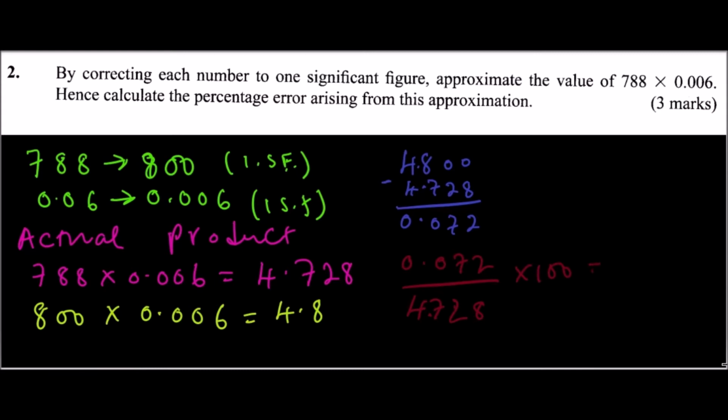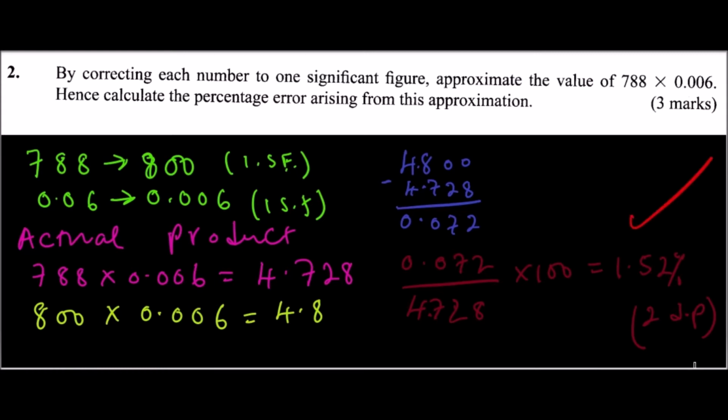You get a number which is 1.52 as a percentage, and I have approximated this to 2 decimal places. So even if you write the whole number which you get when you multiply this, you'll still be able to get the answer. So that is how you do that question, and you get yourself 3 marks.